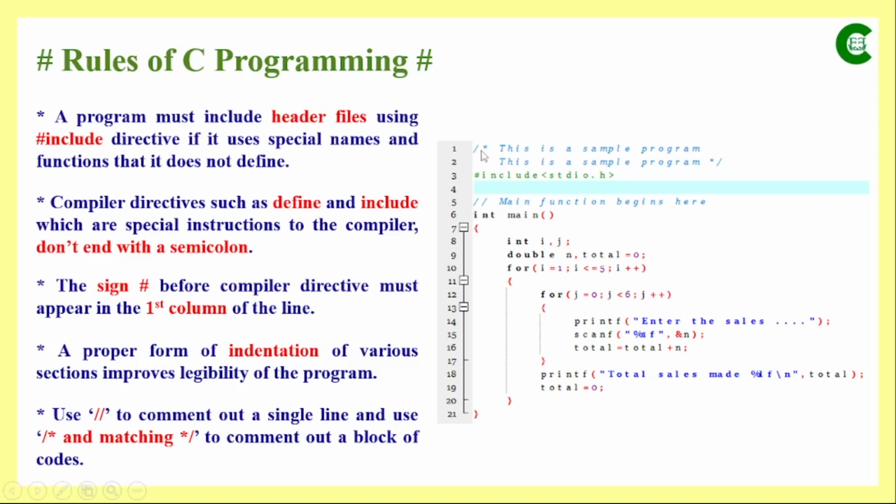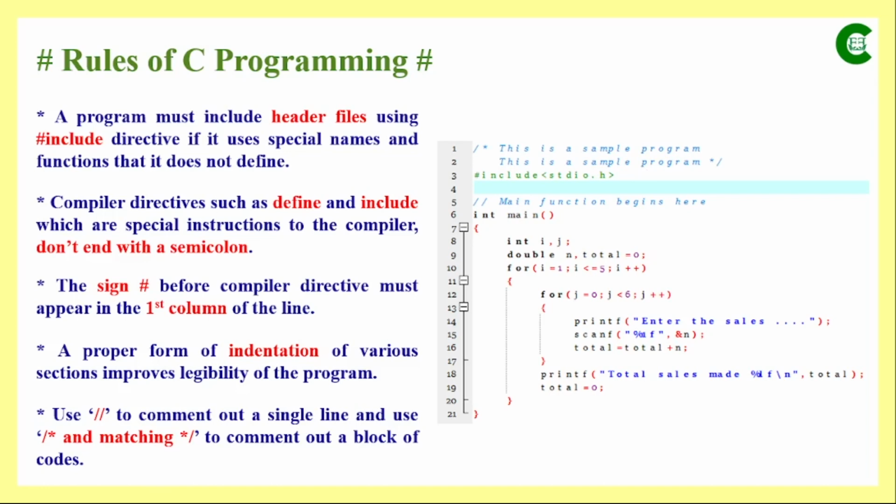No. What we will do is, before the first line starts, in the beginning we will use a single forward slash followed by an asterisk, and then at the end of the last line we will use an asterisk followed by a single forward slash.